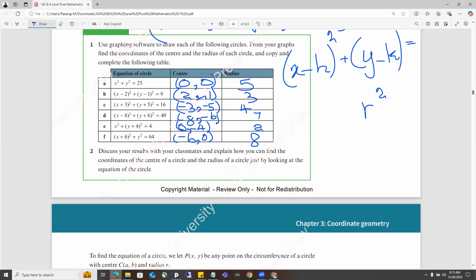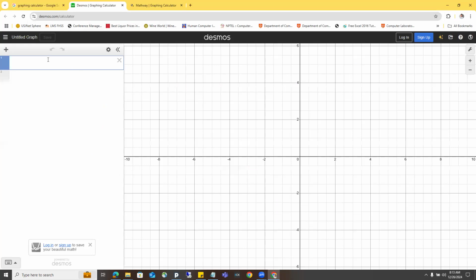So for this Desmos one, let's assume the first one is x squared plus y squared equals 25.